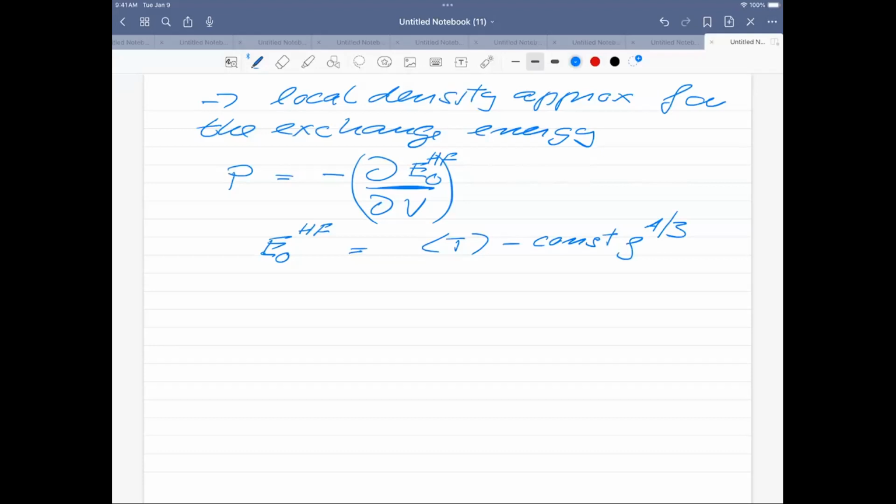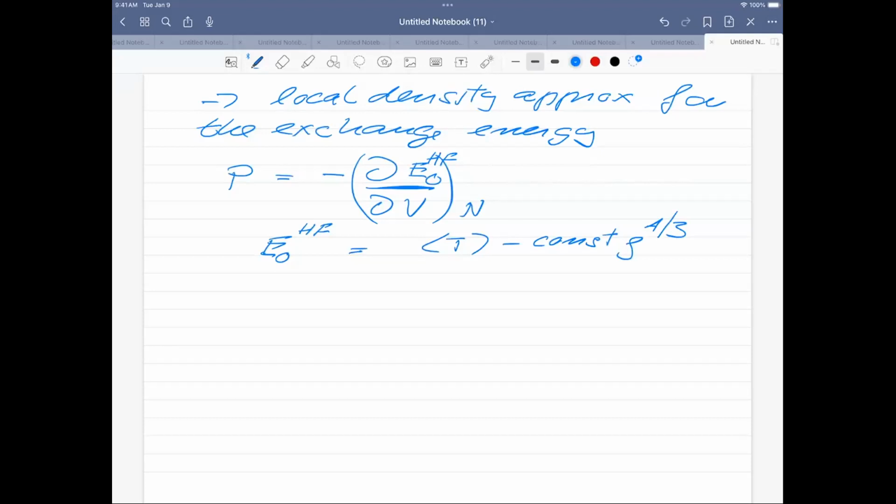This is the pressure of the system. And for the electron gas, you can actually calculate an analytical expression for that if you stay at the level of Hartree-Fock theory. And then you can make an interpretation about the stability of the system. So this will be the first derivative with respect to volume.